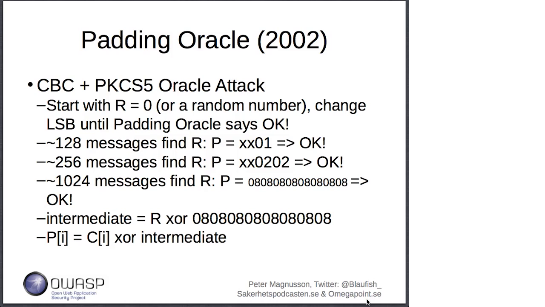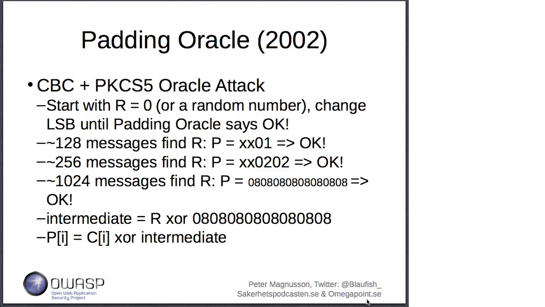So if we want to crack the simplest byte, where there's only one, we know that the final value is 01. Everything else in the block we don't know anything about. We need about 128 messages, because we just change the last byte until the system tells us that we have found the correct value.